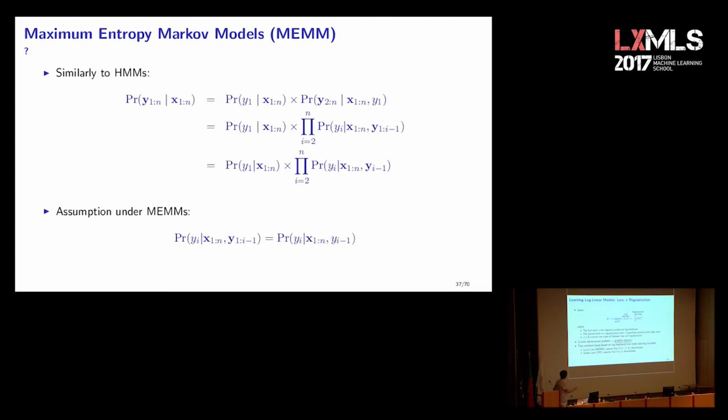Let's start with the local one. This was proposed even before, but McCallum, Freitag, and Pereira in the year 2000 proposed something called Max-Ent Markov models. Max-Ent is kind of the same thing as a log linear model, even though it has to do with the loss function.